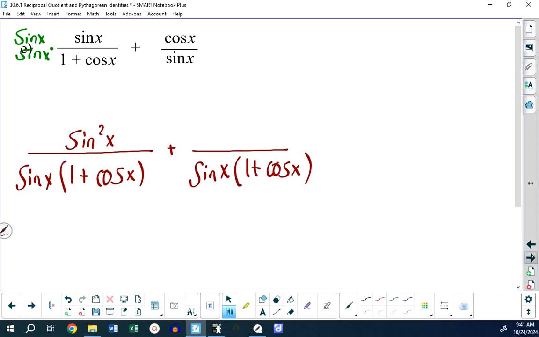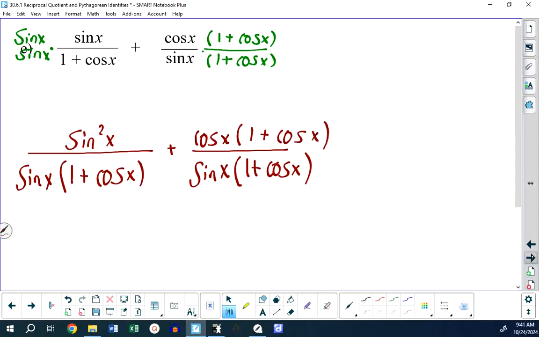I need to multiply top and bottom of this one by 1 plus cos x. So on the top, I'm going to have cos x times 1 plus cos x. I'm multiplying top and bottom of the first fraction by sine of x, top and bottom of the second by 1 plus cos of x.